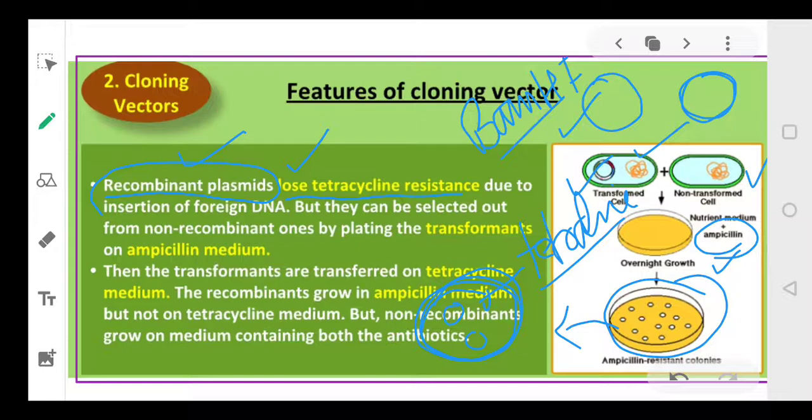So your non-recombinants will grow in ampicillin medium as well as tetracycline medium, but the transformed bacteria, the recombinant bacteria, can only grow in the medium which contains ampicillin. They will not be able to grow in a medium that contains tetracycline. Thus we can differentiate between the recombinant and the non-recombinant cells. Okay, I hope this much is clear, everyone.